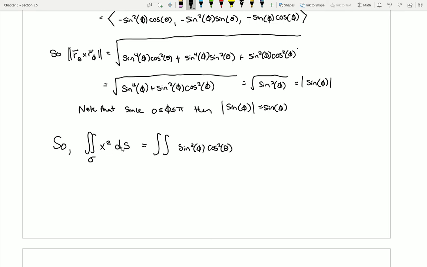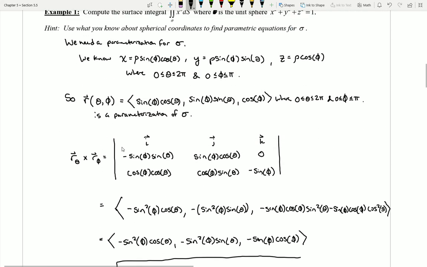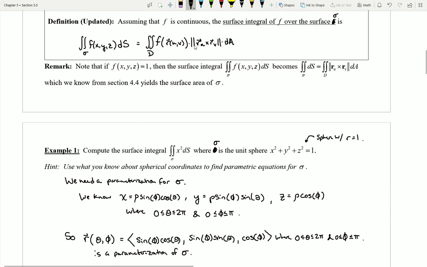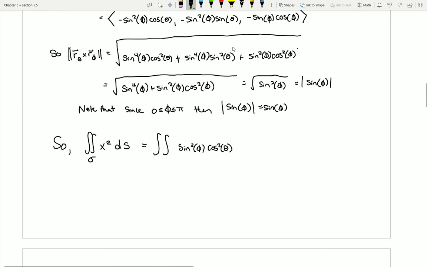Then I replace my ds. And remember by what we saw in the theorem up above, that gets replaced with the magnitude of my cross product, dA, which in this case would be something like a du dv or a dv du. The order's kind of up to us. So here, I can go ahead and say, now I'm going to multiply by my sine phi, and I'm just going to put down du dv. Of course, then I would need to know the bounds on u and v.